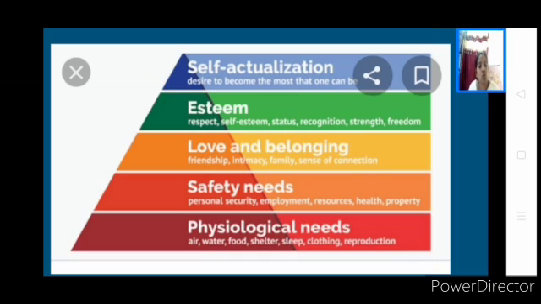Once his physiological needs are fulfilled, for example, I am having good food, even healthy air, the general environment is also one of the basic needs, because it is needed for the existence of human beings. So that is considered a physiological need. Apart from that, he needs shelter, so he will strive to have shelter.